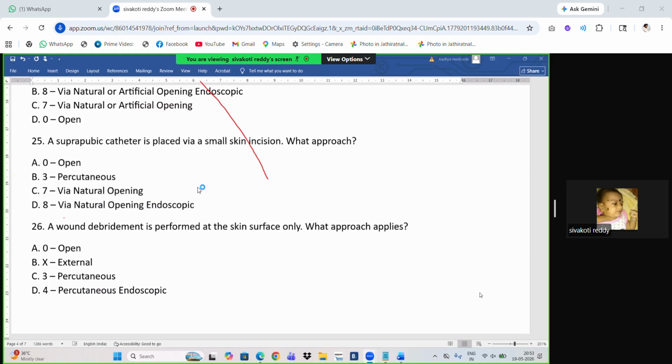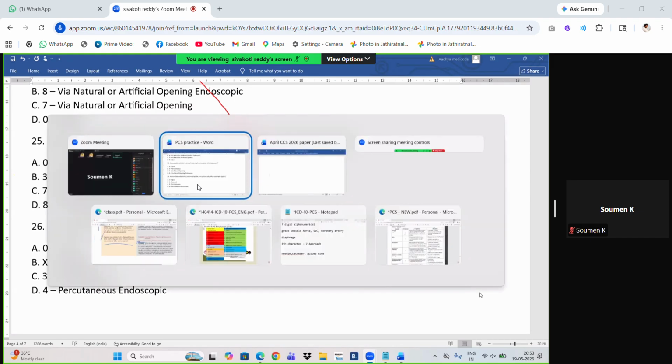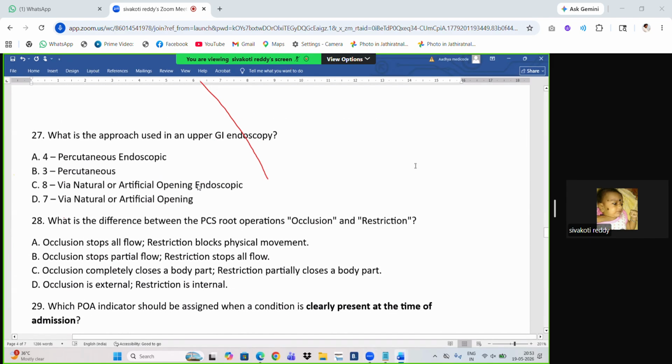External skin level surface, correct? Skin surface external. 27. C. Via natural or artificial opening endoscopy. Now you get the idea about scopies, right?